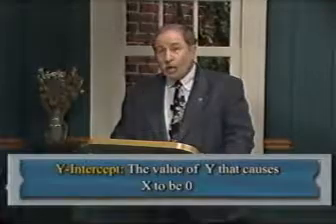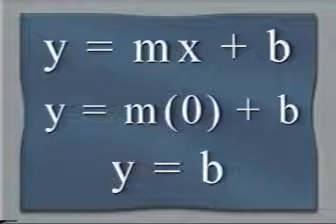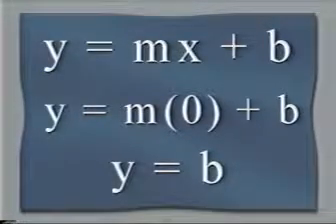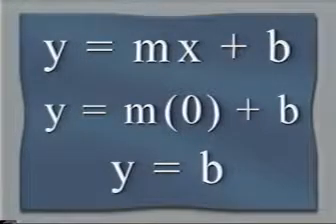The value of y when x is 0 is called the y-intercept. The lowercase letter b, in y equals mx plus b, is the universal symbol in algebra for the y-intercept. It's very simple to see when you look at y equals mx plus b, b must be the y-intercept. Because when x is 0, no matter how big m is, anything times 0 is 0, plus b is b.